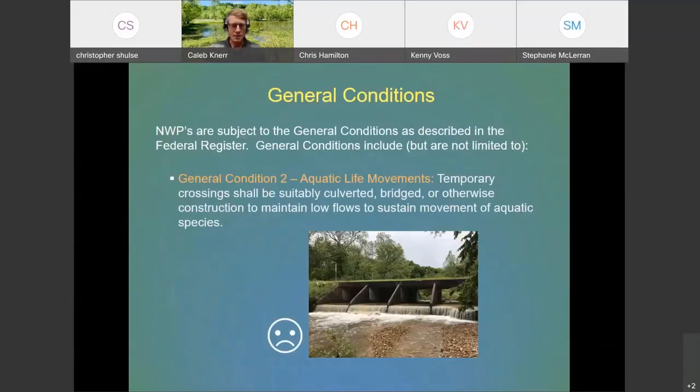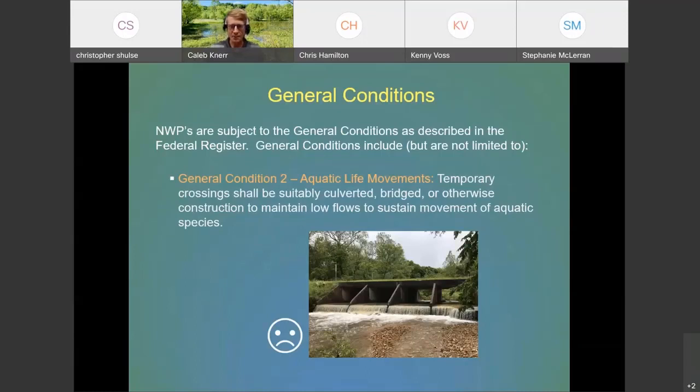So general conditions, nationwide permits are subject to these general conditions, and they include but are not limited to, this one, general condition 2, which is aquatic life movement. Temporary and permanent crossings shall be sufficiently culverted or bridged or constructed to maintain low flows and sustain aquatic life movement.